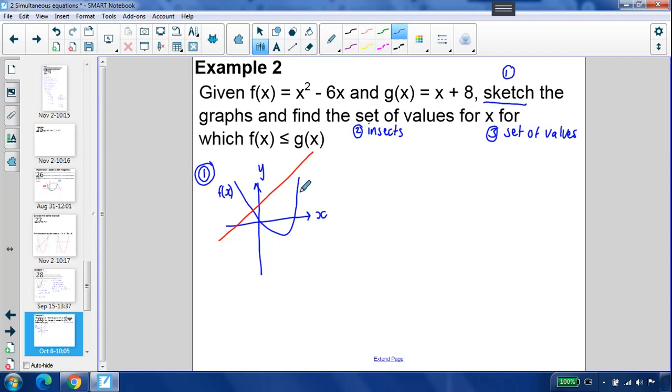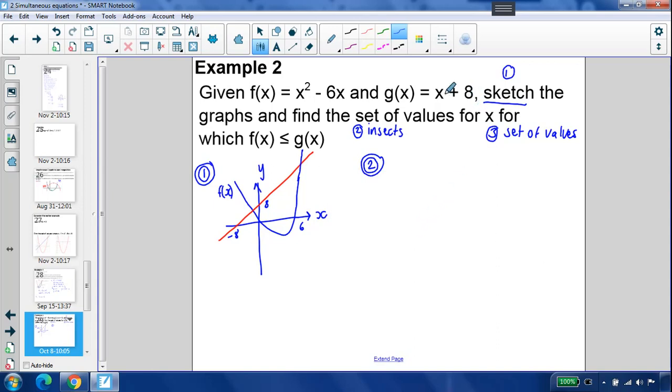And I'm just going to extend this, because if this quadratic was extended, there would be another point of intersection there. So now moving on to step 2, and I'm working out the points of intersection. If you wanted as well, before we move on, let's just label parts of that sketch.